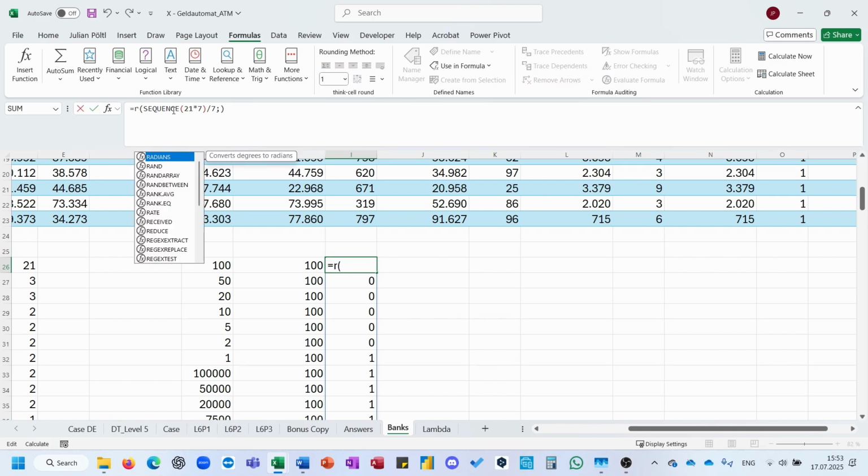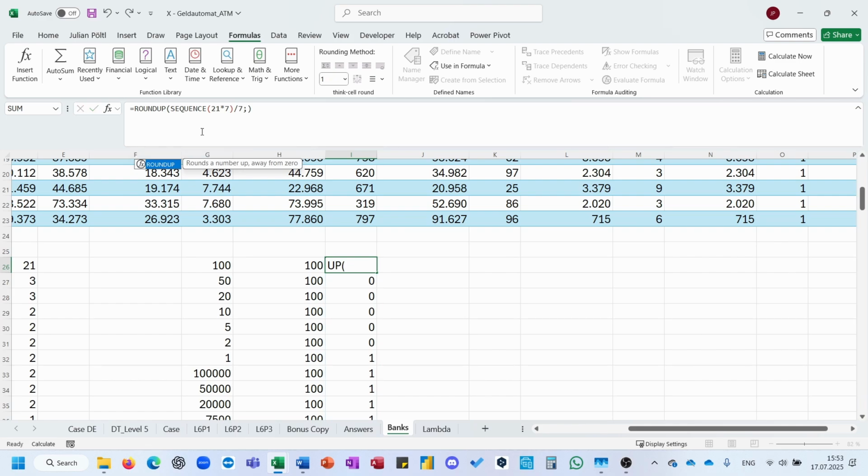Round up, sorry. Round up. And then we get to the result, or at least to the bank number next to those amounts.